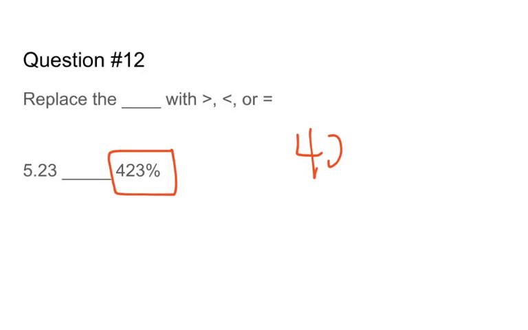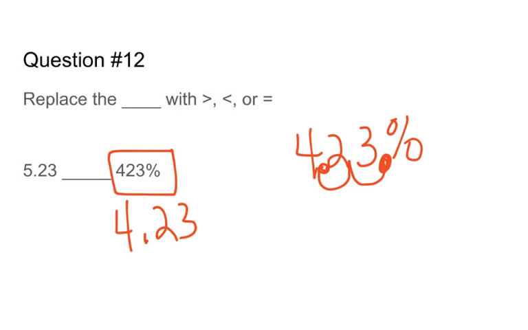But we have to take 423%. Here's the decimal, and move it 2 places to the left to write this number as a decimal, because the only way to compare two numbers is to have them in the same form. Now this is 5 in sum and 4 in sum, so this actually turns out to be greater than.